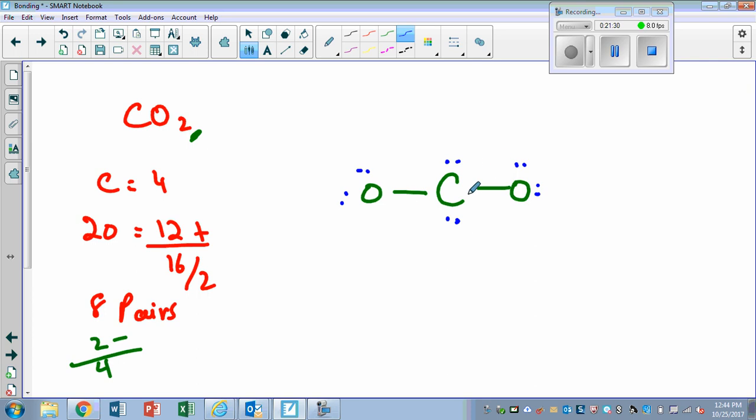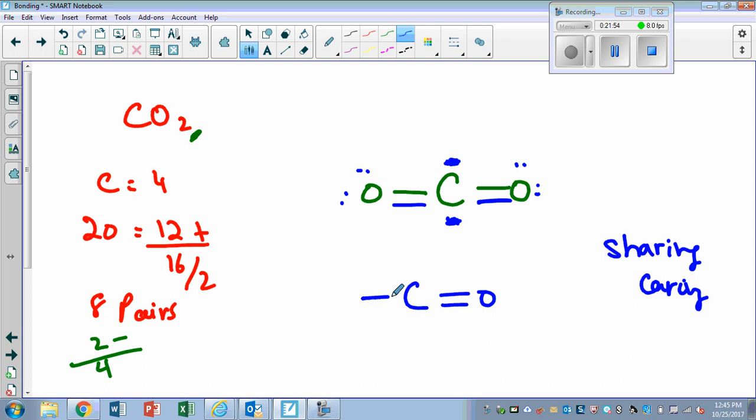So you see that carbon has 8, 2, 4, 6, 8 around the central atom, but oxygen has only 6. So carbon will say, all right, sharing is caring. Let me share one pair with you, and let me share this pair with you. So what we have here is a double bond on this side and a double bond on this side.